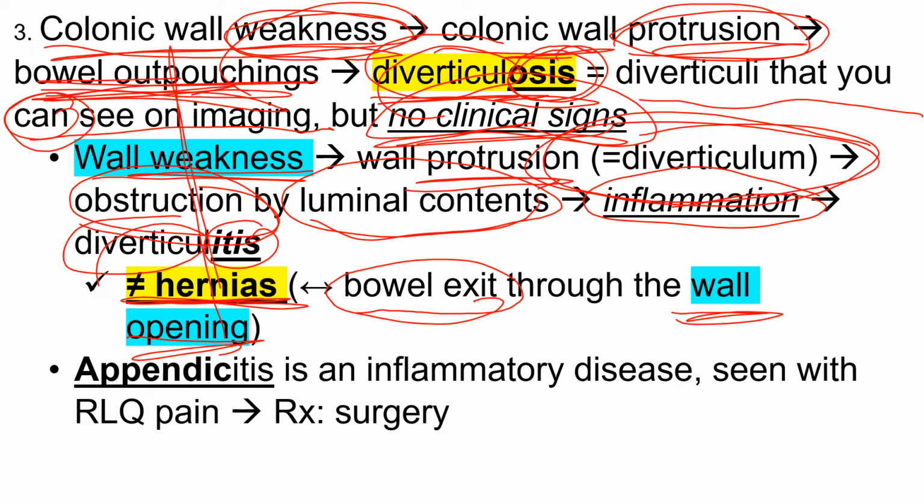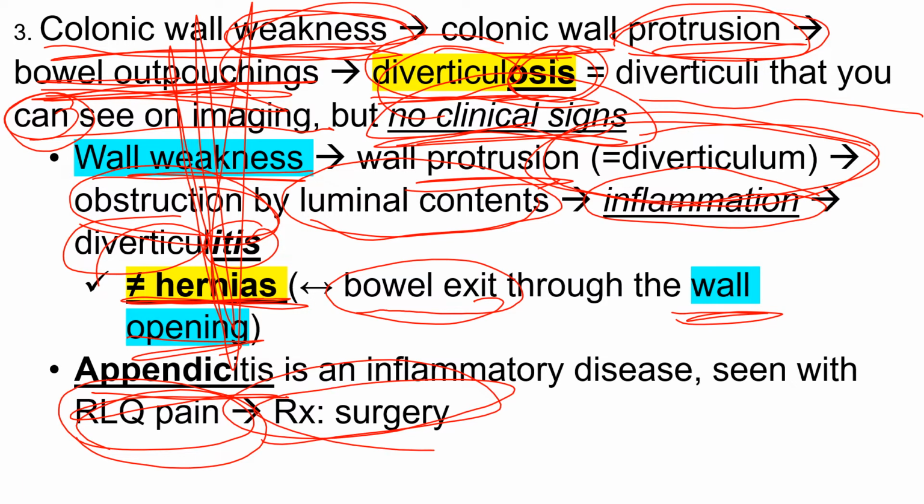So opening versus outpouching. Appendicitis is an inflammatory disease seen with right lower quadrant pain. You know that it presents with umbilical pain initially, where the area around the umbilicus is sensitive, and then it localizes to McBurney point. And you have to treat it with surgery. I put it here just so that you understand.